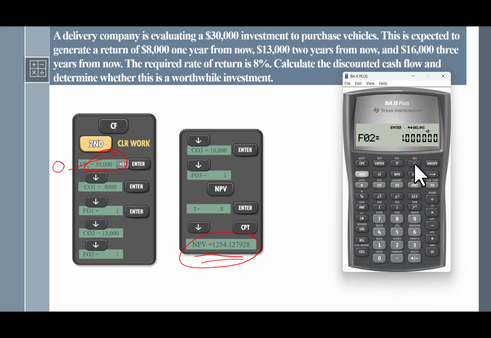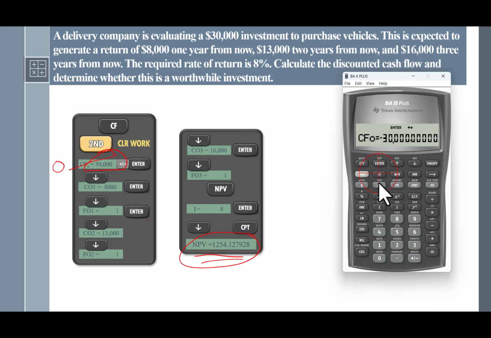Also frequency 1, and 16,000. Also frequency 1. We're going to go to NPV, enter the interest rate as 8, and we're going to press CPT, and you will see the answer is 1,254, and so on.